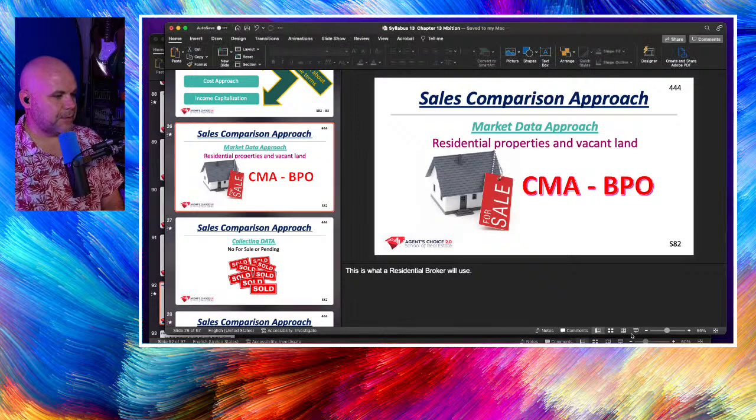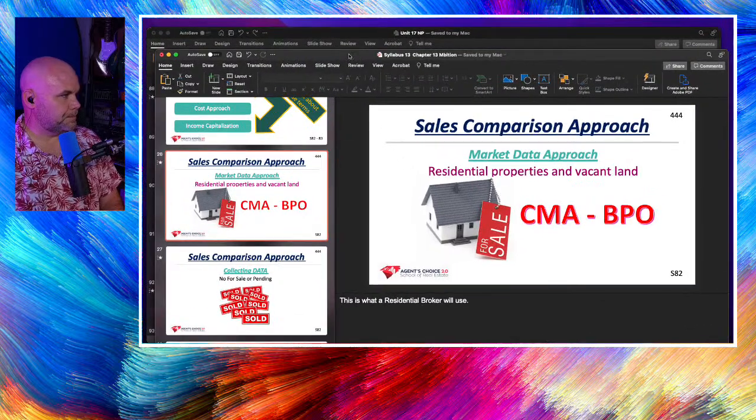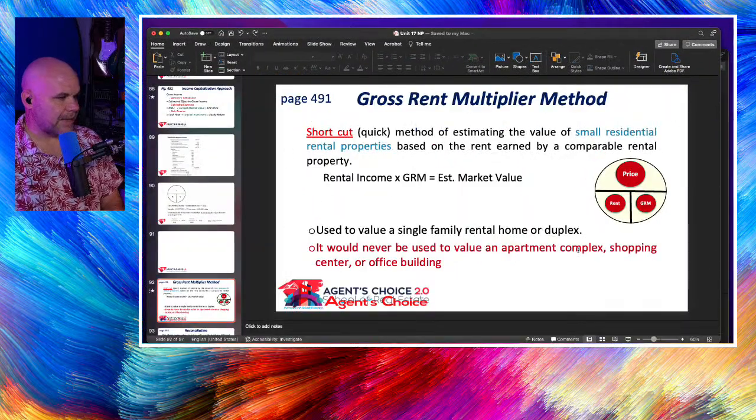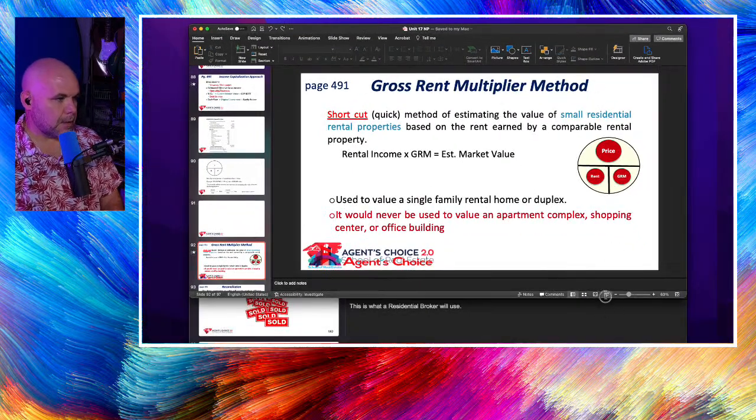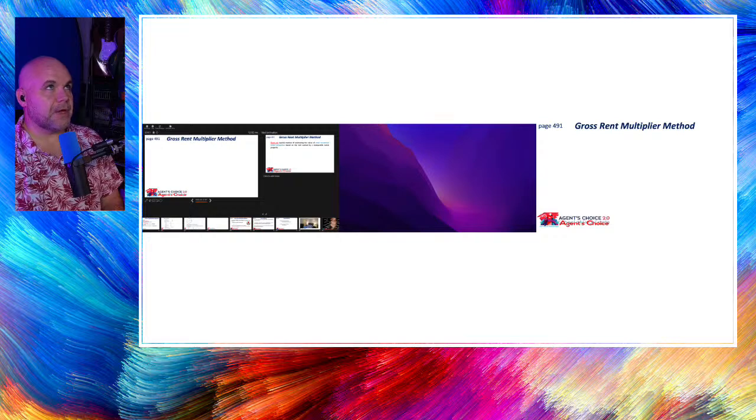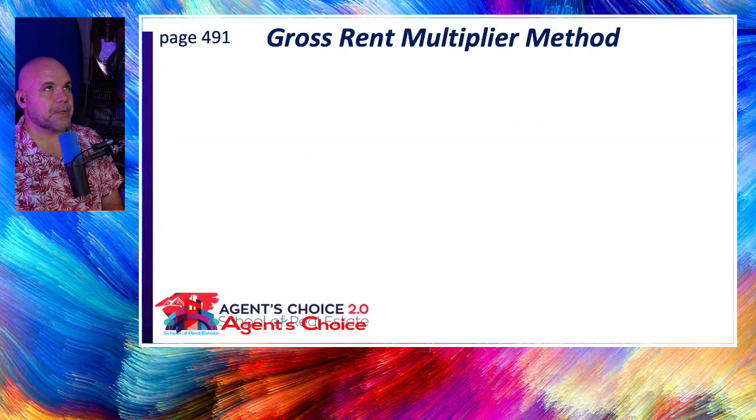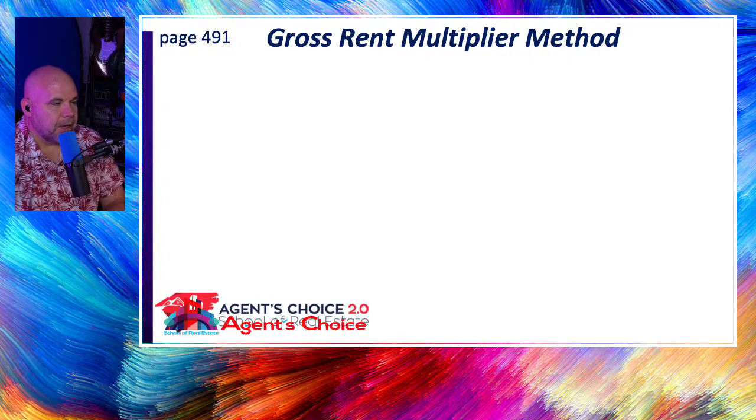Not important for what we're doing today, but the last little bit on this slide deck is another sort of rule of thumb method. And this one is called the gross rent multiplier. The gross rent multiplier is just a quick shortcut of estimating small residential rental properties.